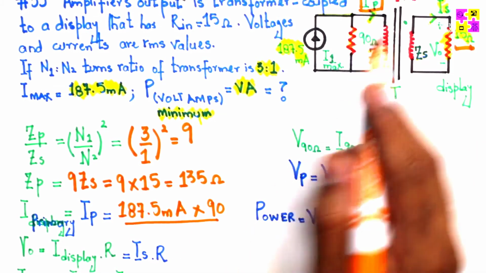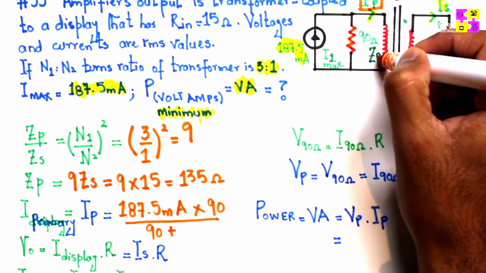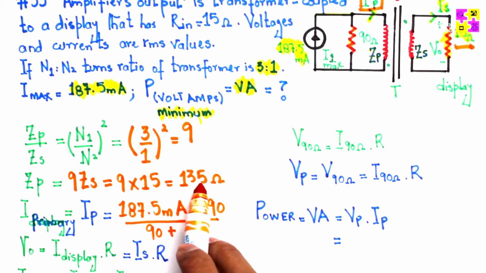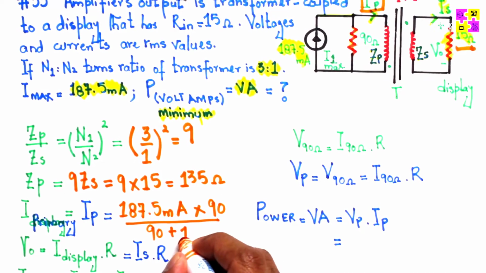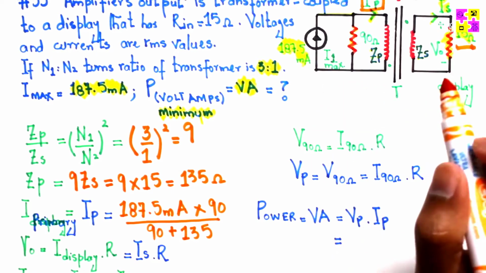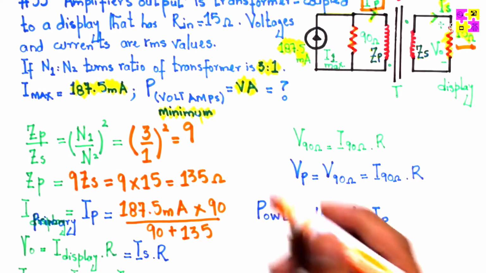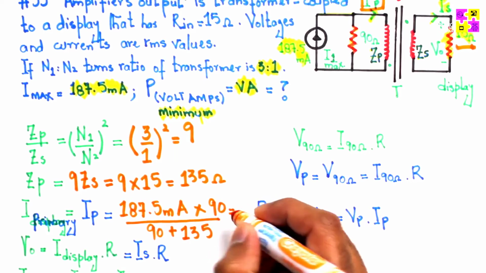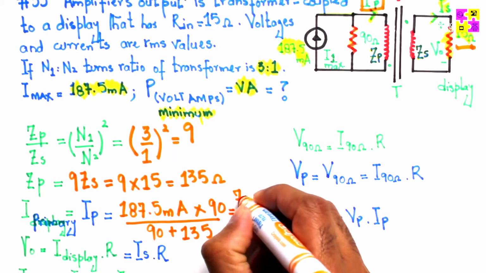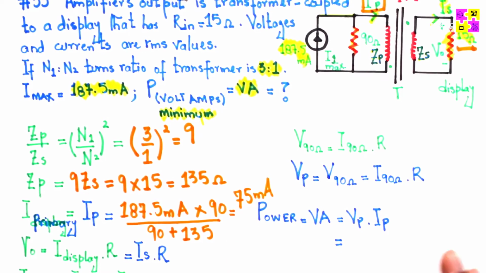The two resistances are 90 ohms plus the primary impedance of the transformer, which we just calculated to be 135, right? Remember, these two are in parallel. So when we apply the current divider by plugging in the numbers, we get 75 milliamp, which is the primary current.